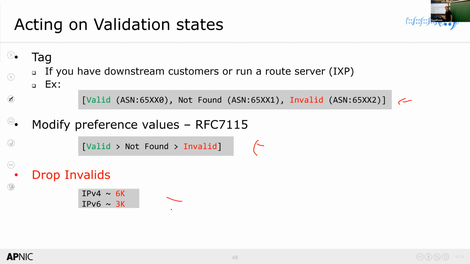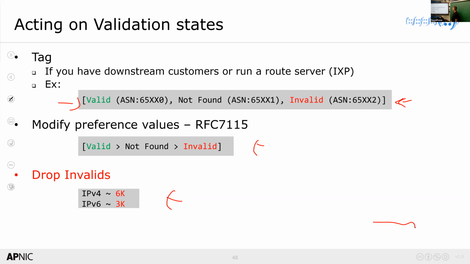This one I would be very cautious on initially when you're rolling out. It's always a good idea to watch, monitor, and see what's going on before you start messing with customers' traffic. The reason we say in an IXP scenario is your IXP members may want to do their own validation. So you could do that via a community tag or however you want to do that.